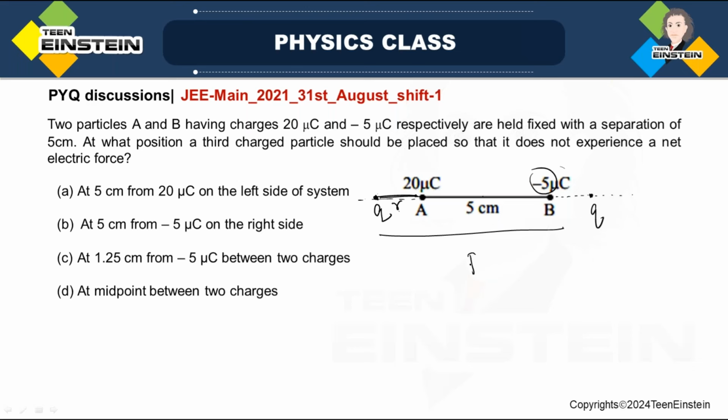The coulomb force varies as 1 by r square, right? So the force applied on this third charge q by minus 5 microcoulomb will be really very much less than the force experienced by this q charge due to 20 microcoulomb.